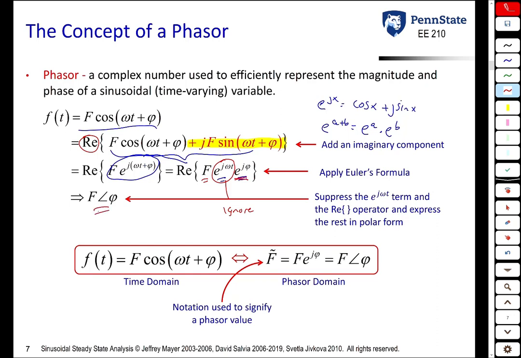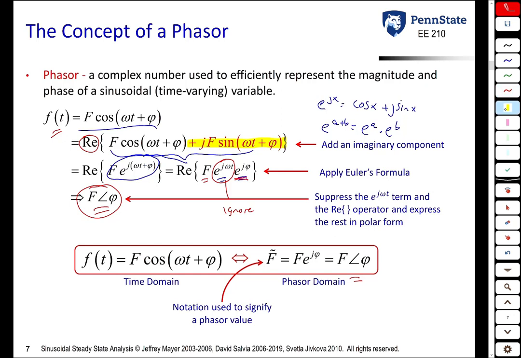So although technically every time you create a phasor, you're doing these steps of adding the imaginary component, using Euler's identity, suppressing the e to the j omega t term, suppressing the real part, and expressing it as a complex number in polar form, in practice, you really can go directly from the time domain to the phasor domain.